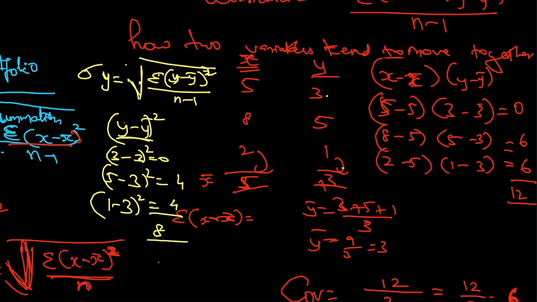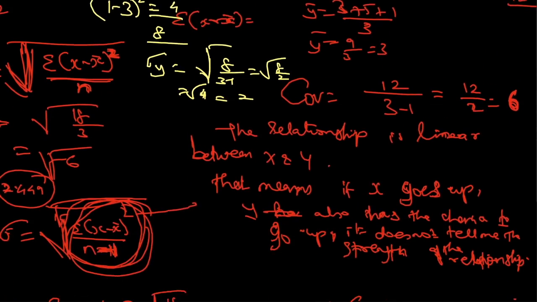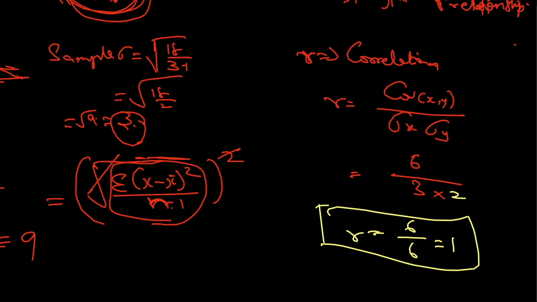So standard deviation of y is equal to root of 8 divided by 3 minus 1. So that is equal to 8 by 2, which is 4. Root of 4 comes as 2. Okay, standard deviation of y is 2. So here I'll write 2. So 6 by 6, it comes to 1. This is just a coincidence that by chance it has come to 1.